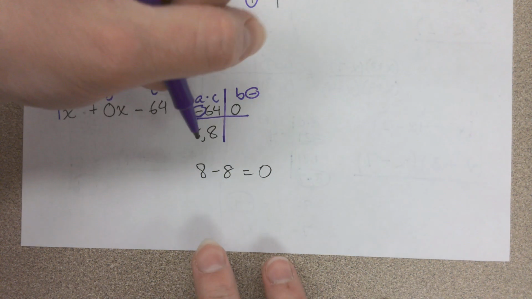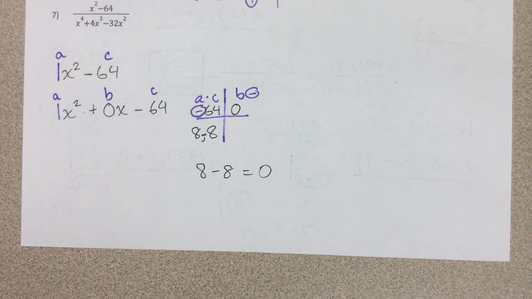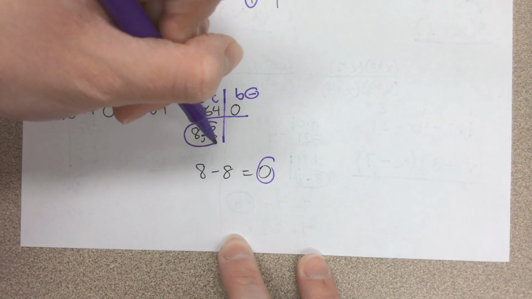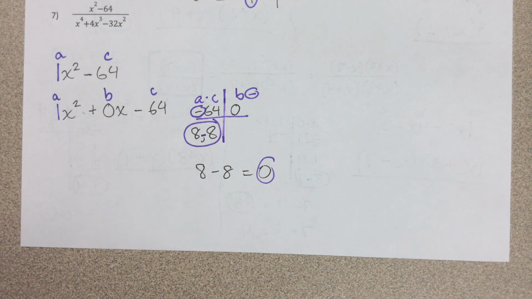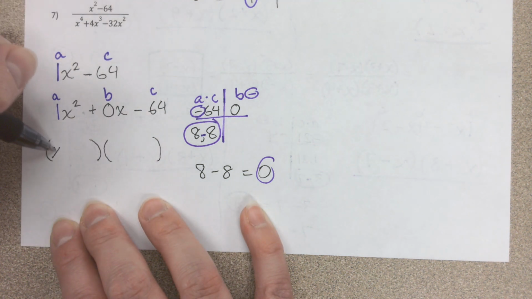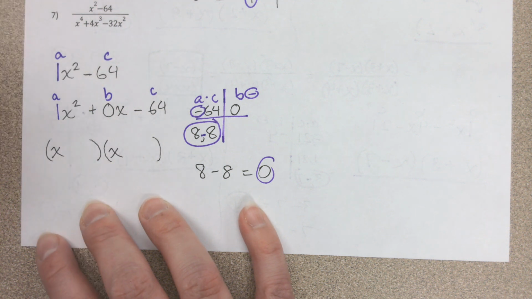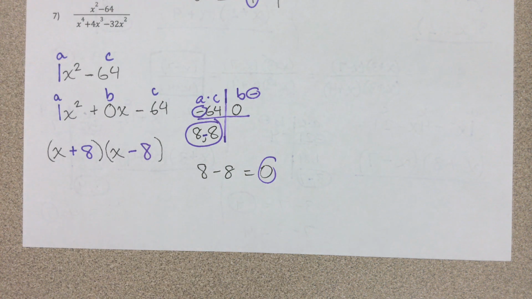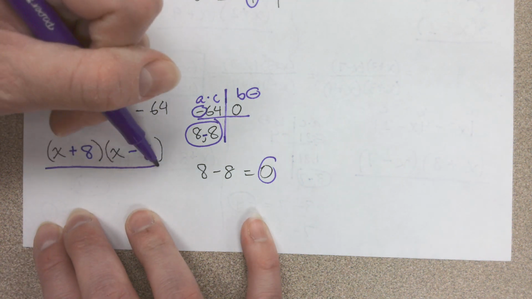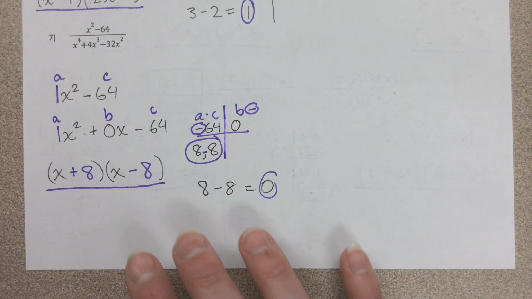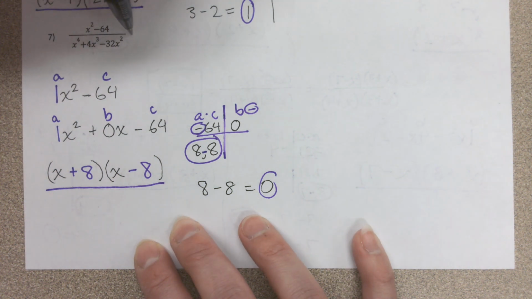So just give one of those 8s a negative. And those are our factors. We have x plus 8 and x minus 8. That's how the top factors. I'll go ahead and fill that in.